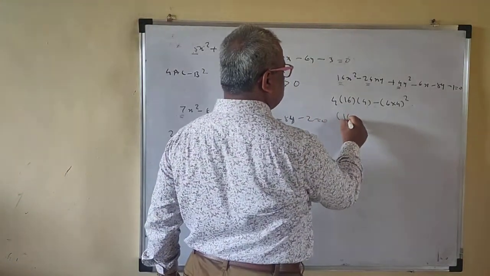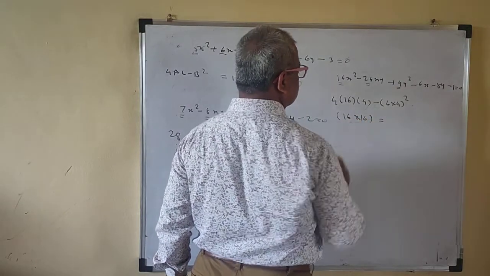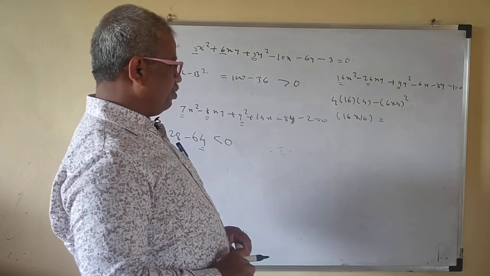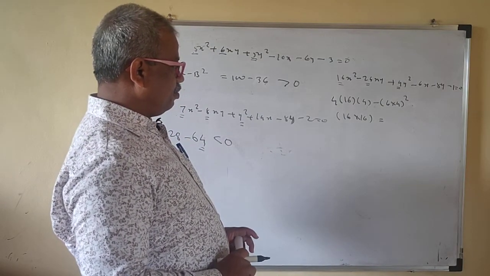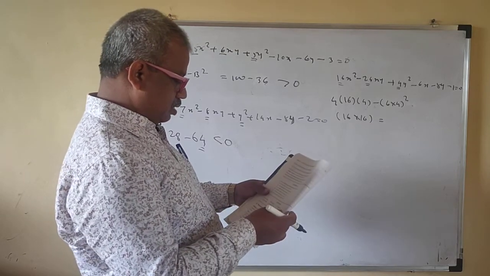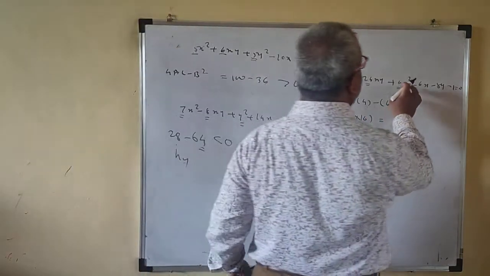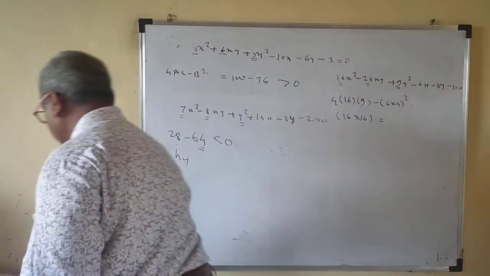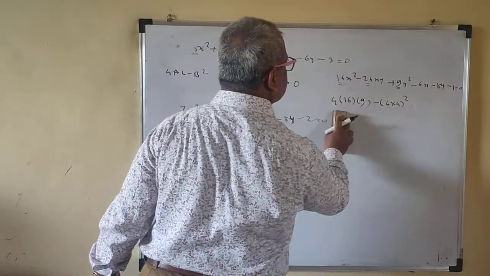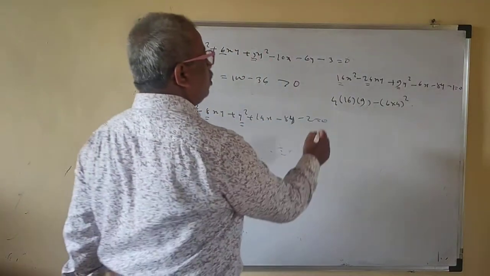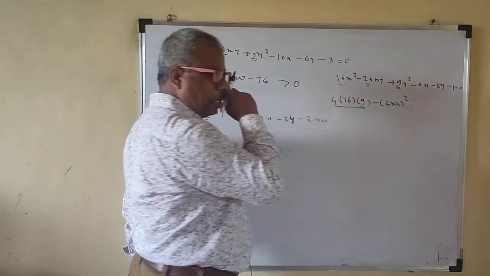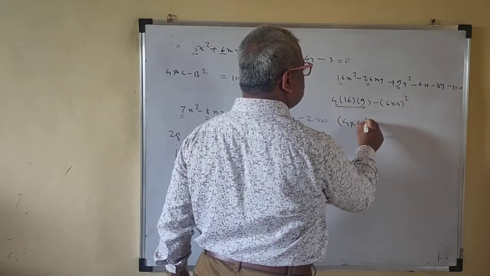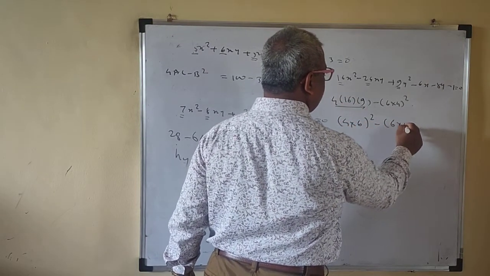So this is 36 into 16, which is 4 into 6 bracket square, minus 6 into 4 bracket square.